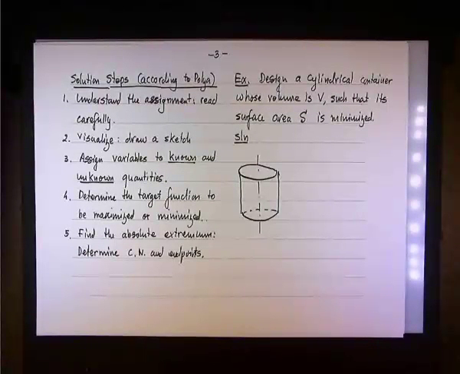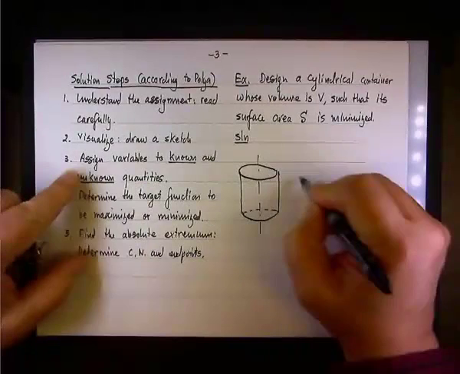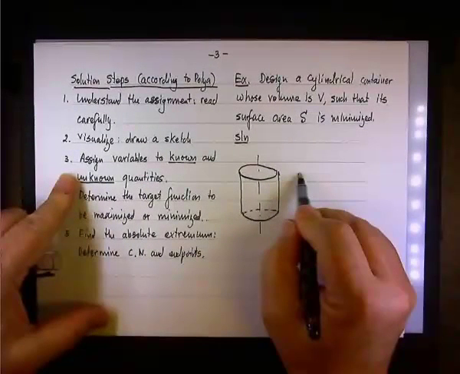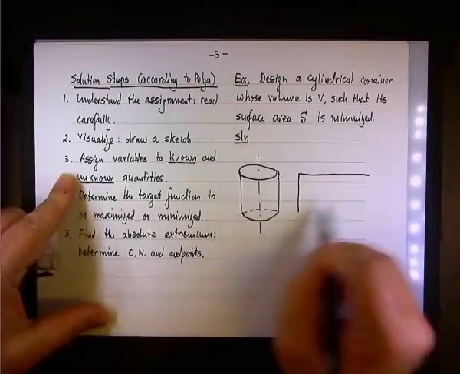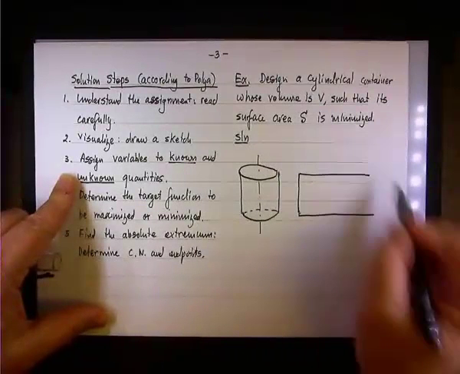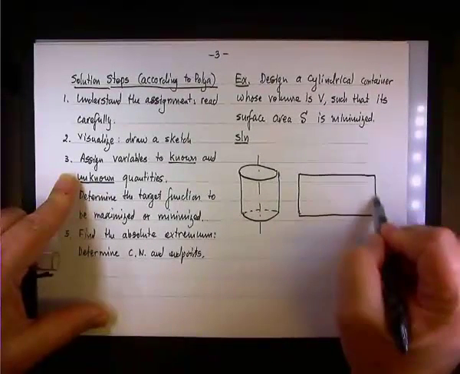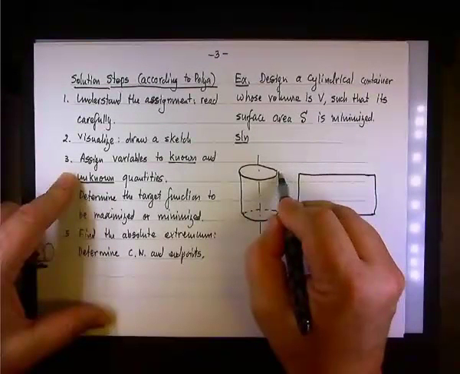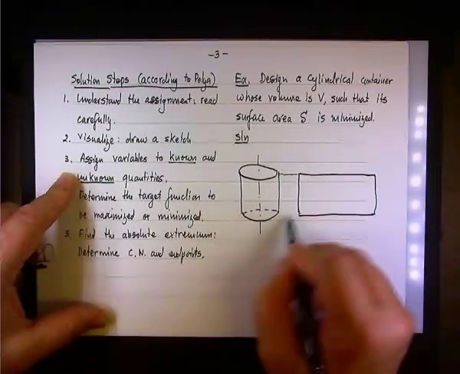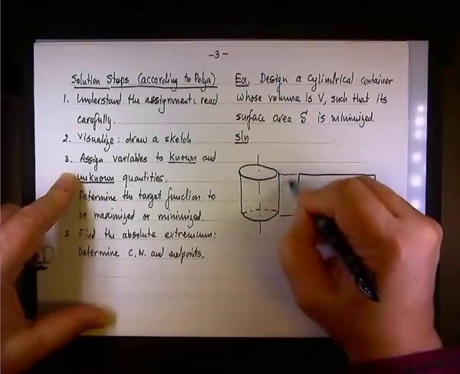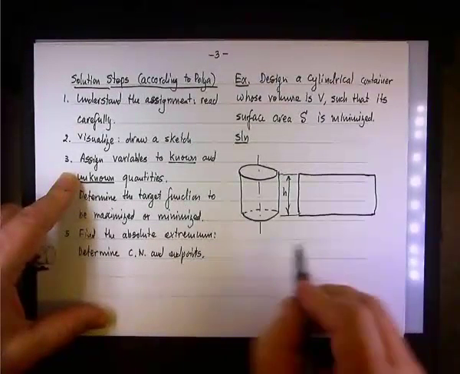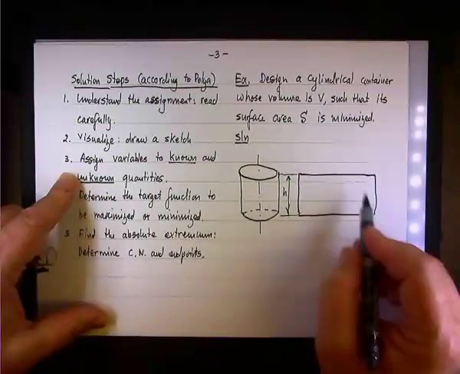So, if you take a rectangular sheet like so, you fold it, then the height of the cylinder is also the width of the rectangle.